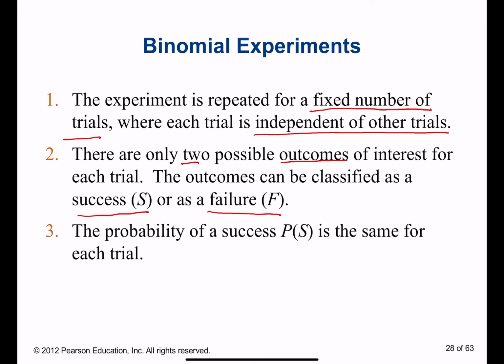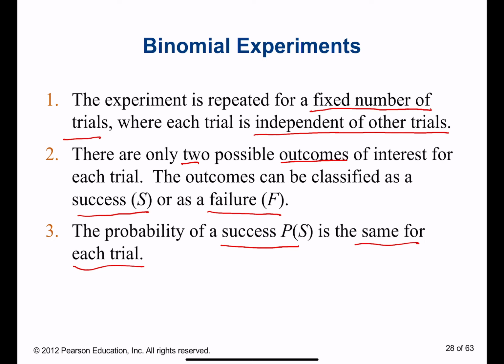Next, obviously there can be only two outcomes. The probability of success is the same for each trial because they are independent. Let's say going to the beach to see dolphins, it's a 50-50 chance, right? And every single day I go, it's going to be the same 50-50 chance.